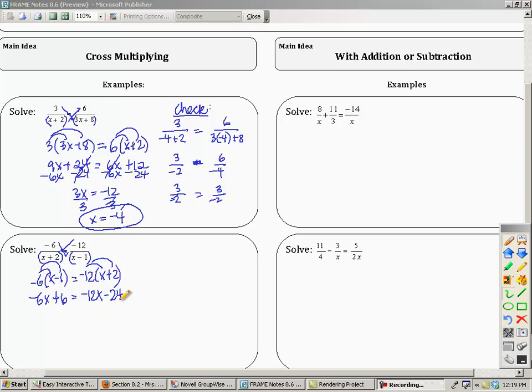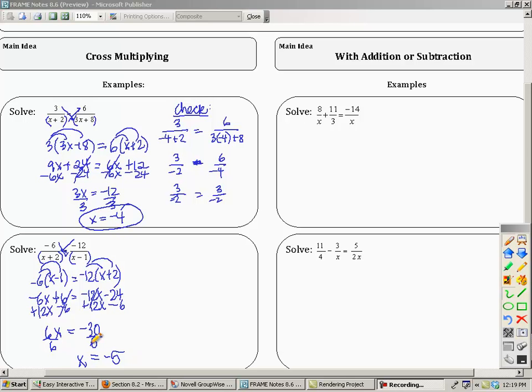Okay, now the negative 12 is the bigger. I'm going to move that because I want my x to be positive. So if I move my 12x to the left, then this 6 has to be subtracted to the right. So 6x equals negative 24 minus 6, which is negative 30. When we divide by 6, x equals negative 5.